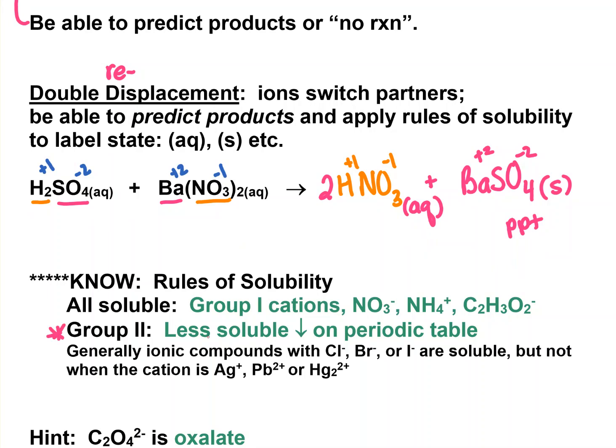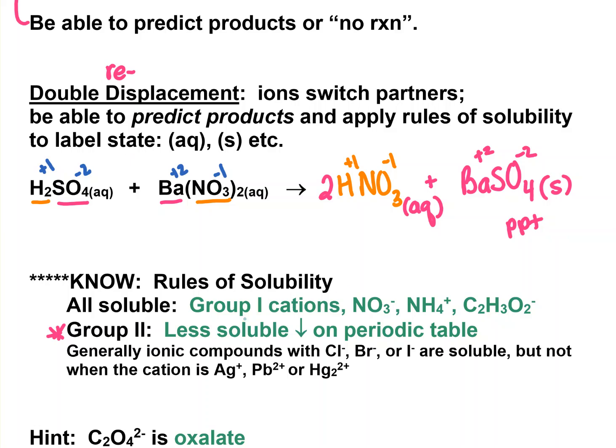They form less soluble compounds or fewer soluble compounds as you move down the periodic table. In other words, barium is the lowest one that you will use, and you'll see that it forms a lot of precipitates. And magnesium at the top, you'll see you don't get very many at all, or if at all.